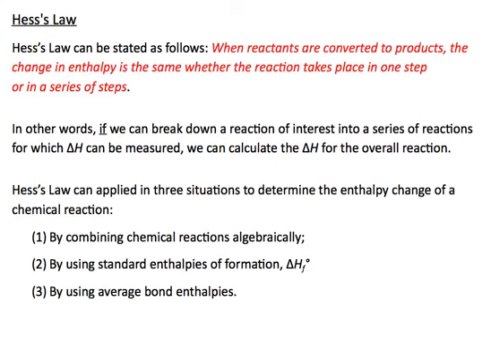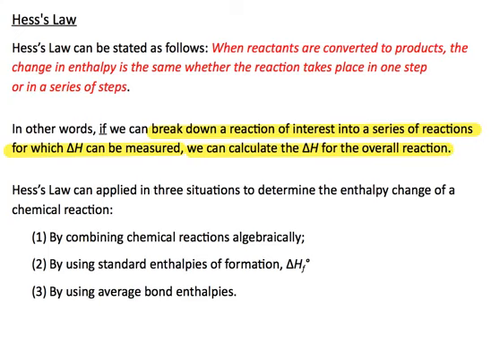So we can break down a reaction of interest. This is very commonly done in chemistry. You can break down a reaction of interest into a series of simpler or easier to accomplish reactions. And you can measure delta H's, and you can calculate then a delta H for an overall equation from those series of equations.